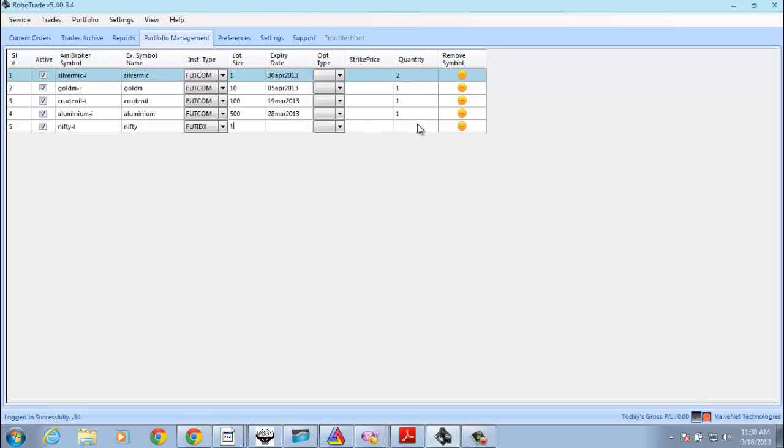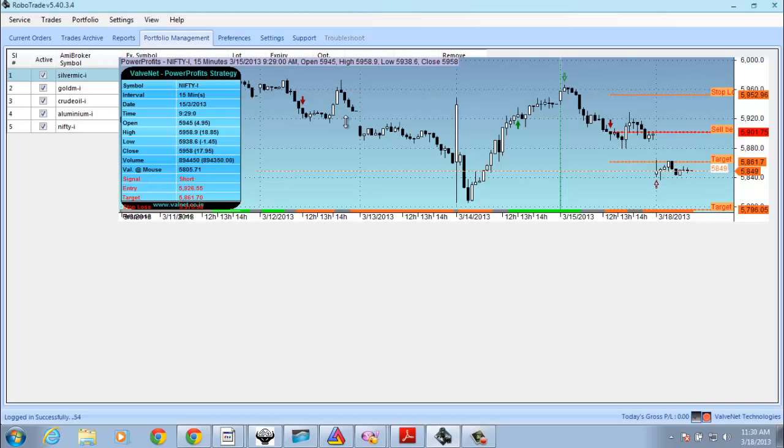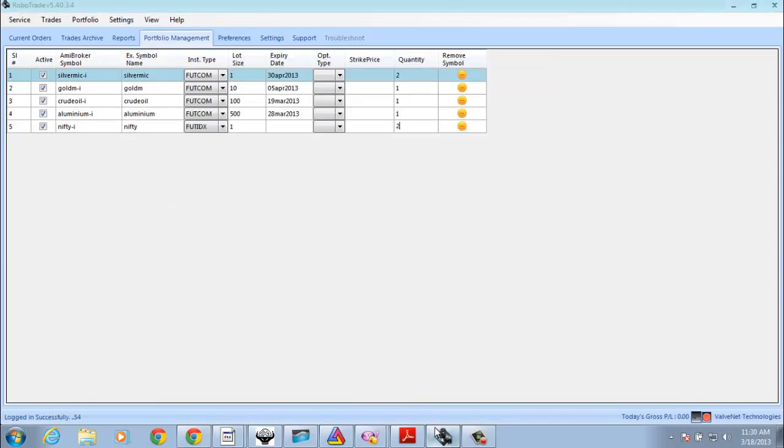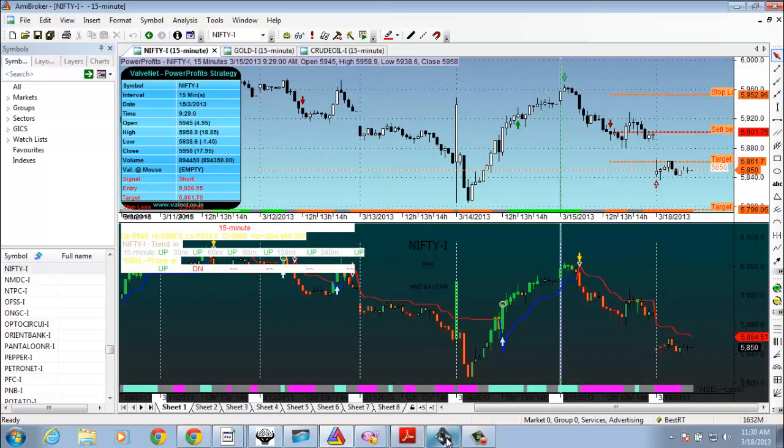Exactly, this quantity is the number of lots to be placed by ROBOTRADER. You're just ordering the ROBOTRADER to place so many lots. So based on these signals generated by Amibroker, this will place orders in your system. This is how it works, and you have to save this portfolio.